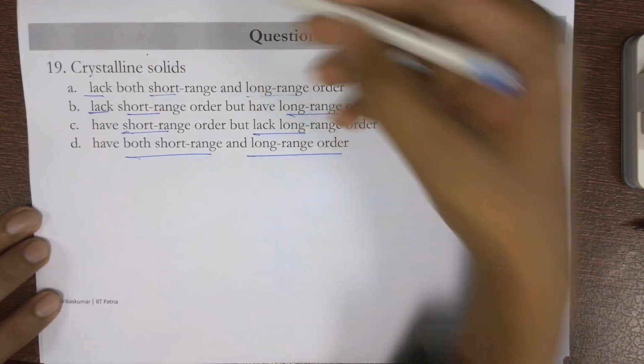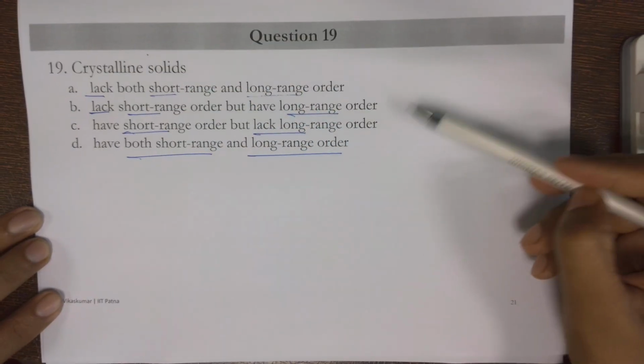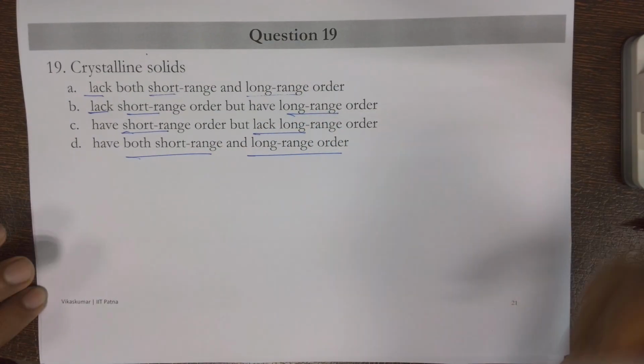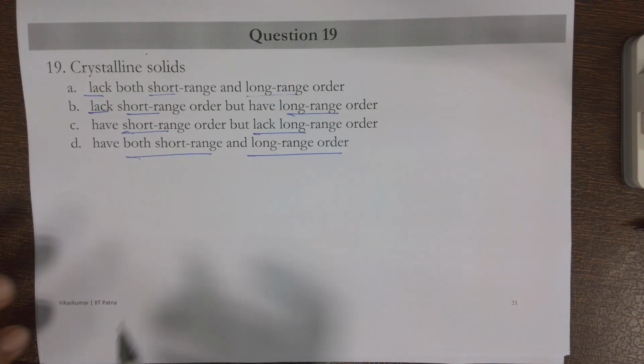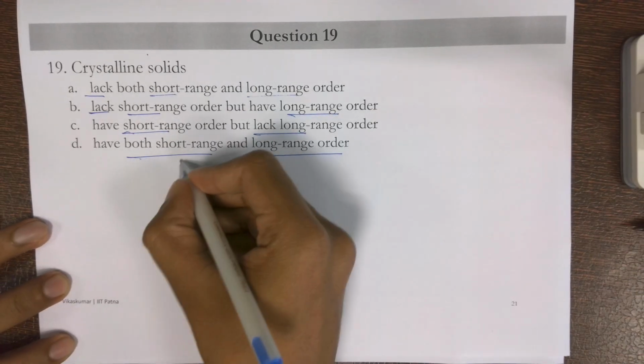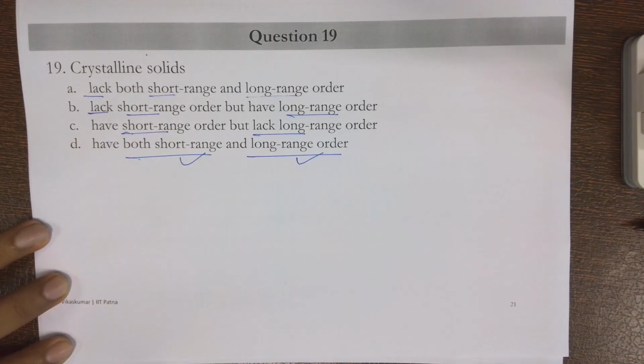In a small distance, does it have both of them, or does it have only one and the other is missing? We know when we are talking about crystalline solids, they have both short range and long range order.